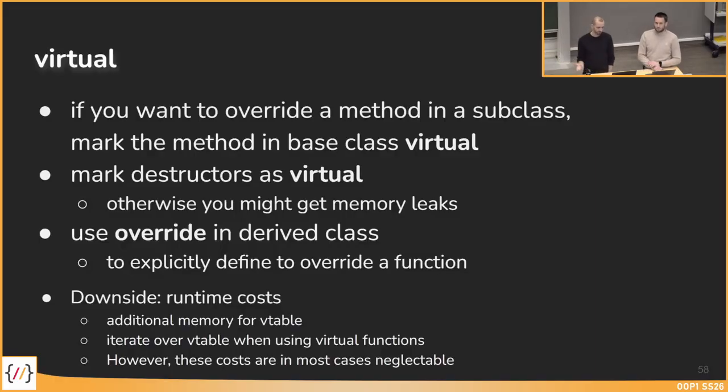And for good practice, use the override keyword in the derived class to explicitly define that I want to override a method from the base class. If I make a typo or whatever, then the compiler says that this does not match, so I see it immediately.